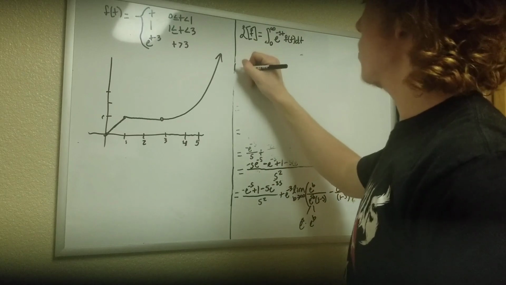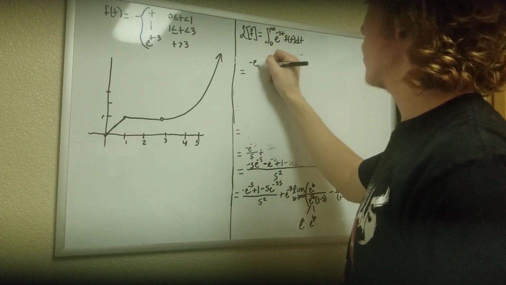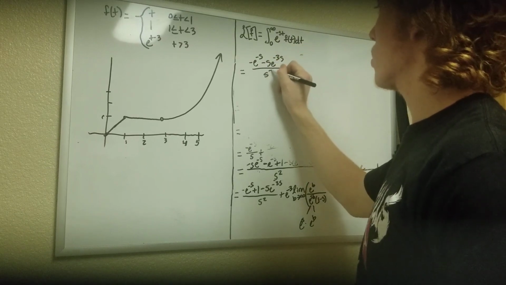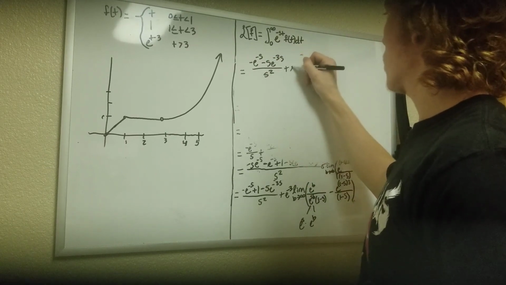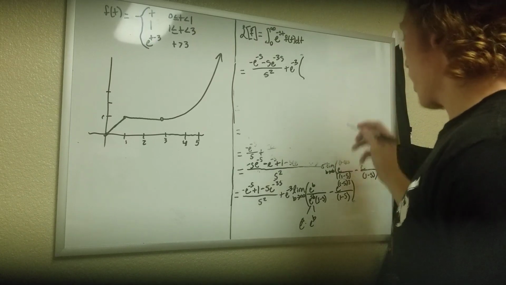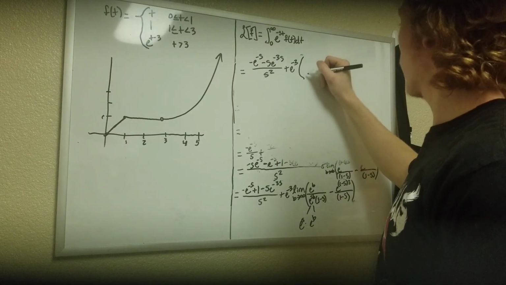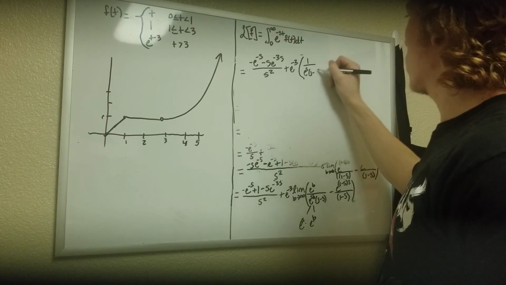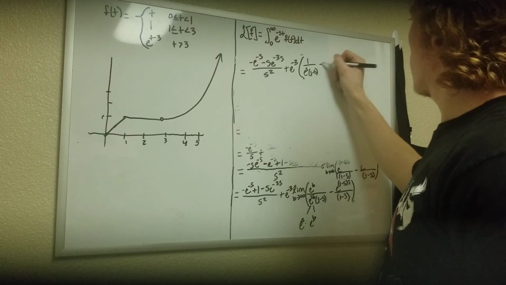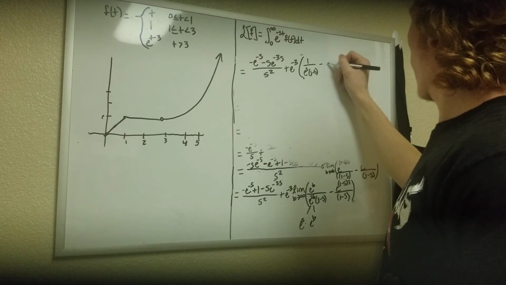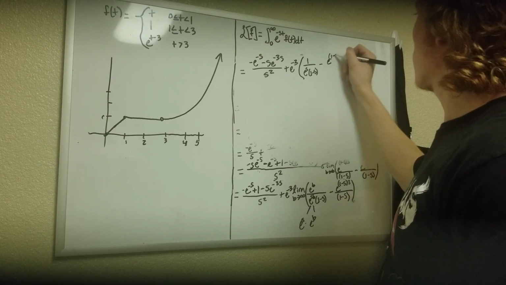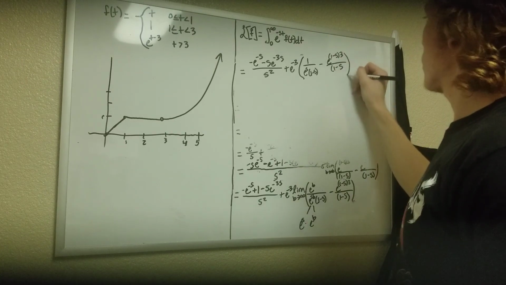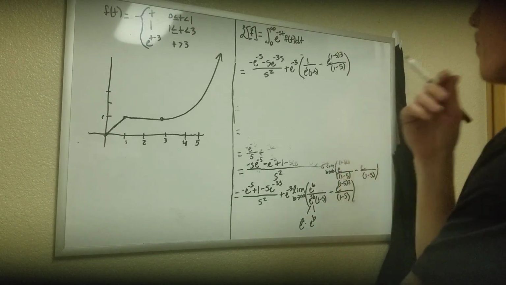So bring it back up. Negative e to the negative s minus s e to the negative 3s over s squared plus e to the negative 3 times 1 over e to the s times 1 minus s minus e to the 1 minus s times 3 over 1 minus s. Awesome.